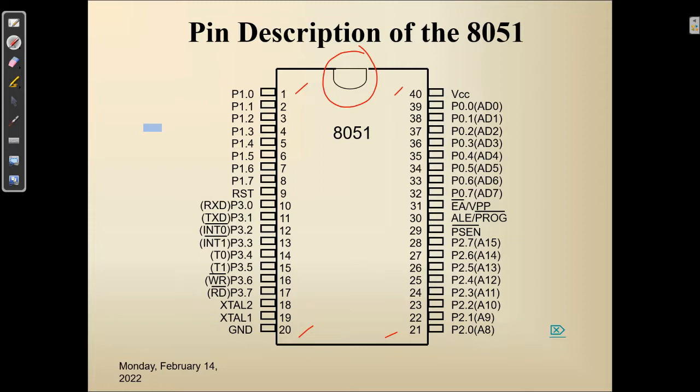Now when you talk about this pin configuration, the first thing we should be able to understand is what this 8051 is. It is a 40 pin IC. Okay, so we should know important things about 8051 before I proceed to the pin configuration. The first important thing is your 8051 requires plus 5 volt. The power supply required is plus 5 volt.